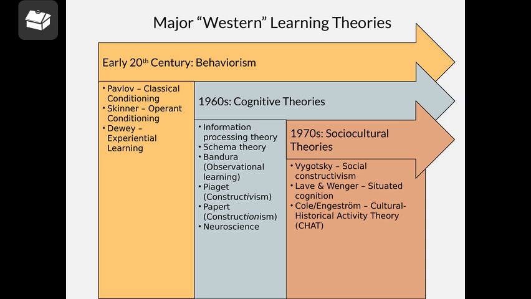Neuroscience came quite a bit later. A lot of the energy that went into cognitive psychology through the 1990s, for instance, when I was in graduate school, has now been directed at neuroscience.